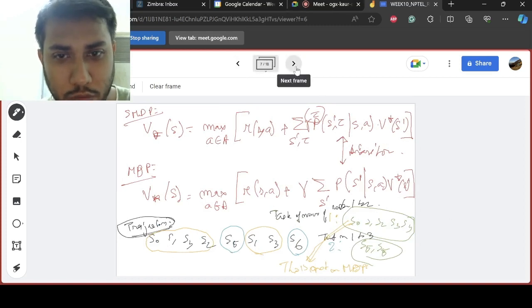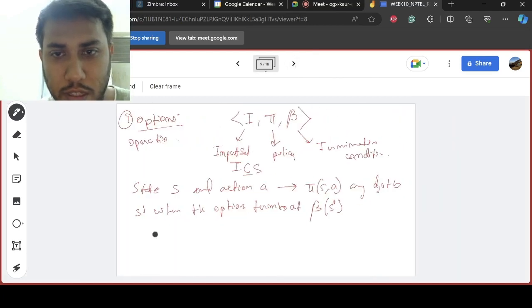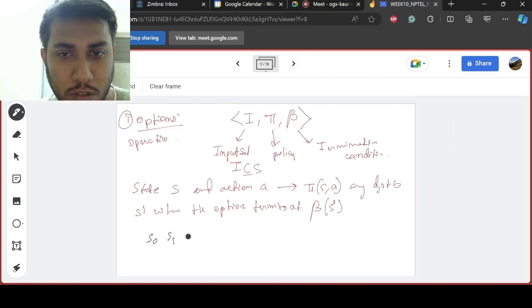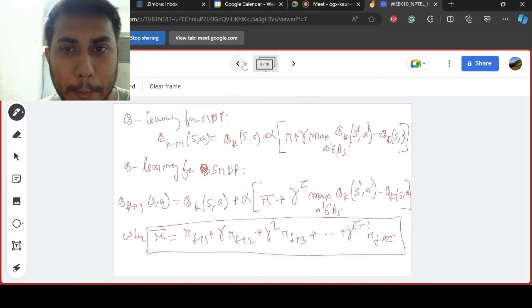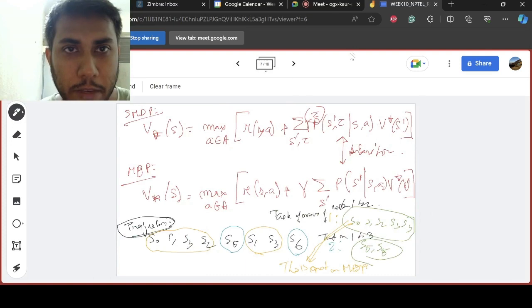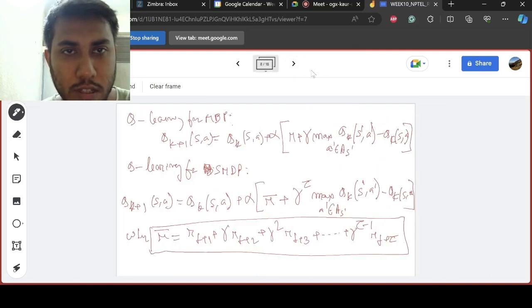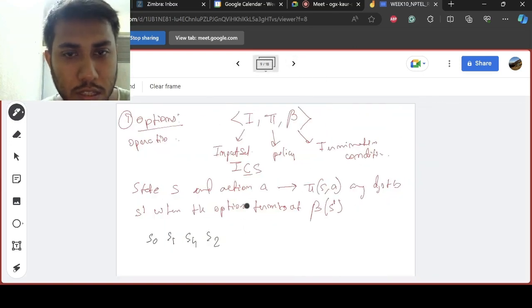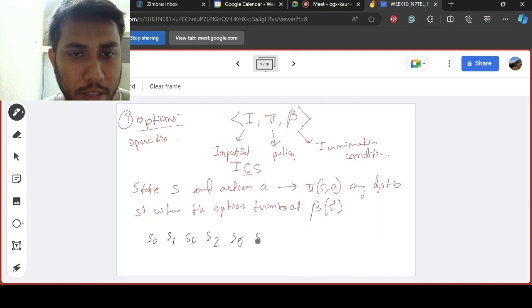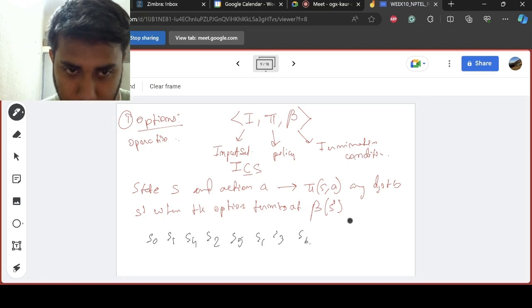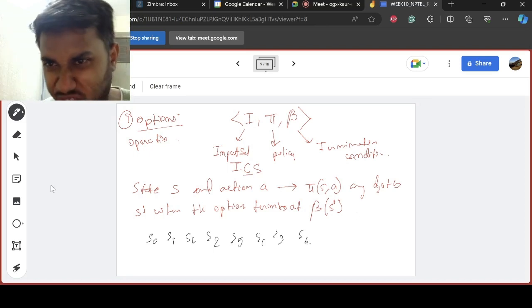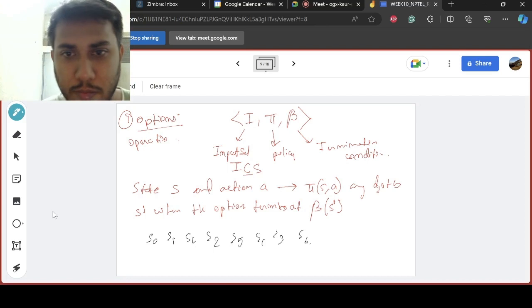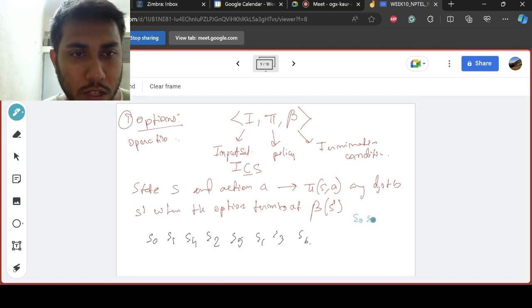S0, S1, S4, S2, and S5, S1, S3, S6. So your groupings are S0, S1, S2, S3, S4.